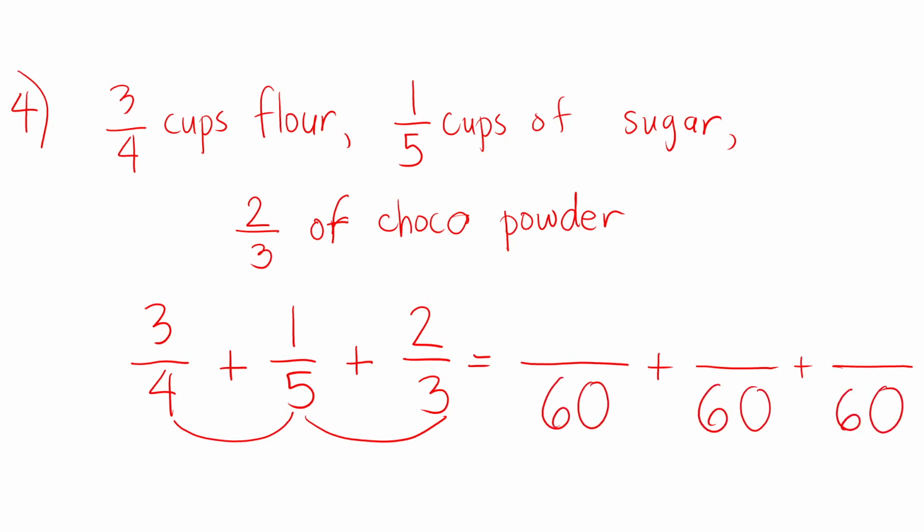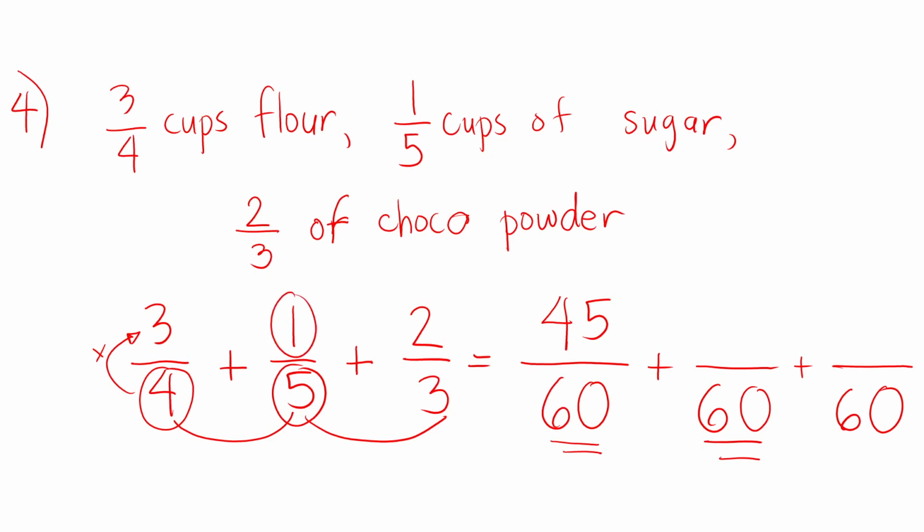Okay? Sunod, unsay buhaton nako? Gamitan nako atong division ganiha. 60 divided by 4 pila? 15. 15 times 3 pila? 45. Do the same thing. 60 divided by 5. 12 times 1. 12.